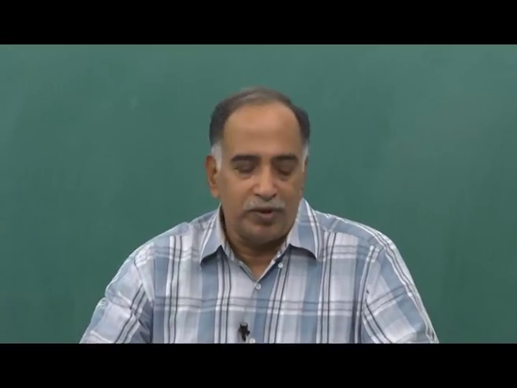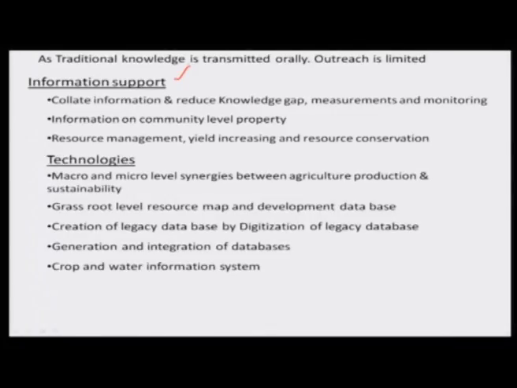Now the first job is to identify the information requirement for agriculture related activities and collate it, that is, collect it from different sources, so that the knowledge gap, where I do not know where it is available and I do not know how to apply it, will be reduced. Oral methods are no longer going to help us in proceeding further. It should be measured, monitored and analyzed.